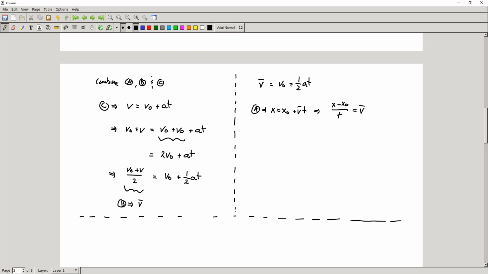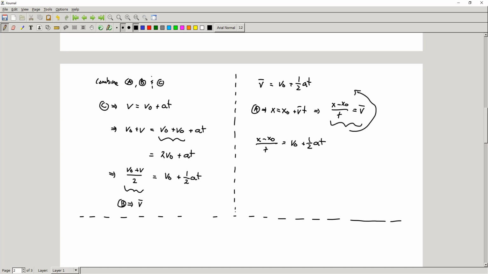And if we substitute this expression into what we had up here, we're going to end up with X minus X naught over T is equal to V naught plus 1/2 AT. And now we're just down to the point where we want to rearrange this. We're going to try to isolate just X on the one side.